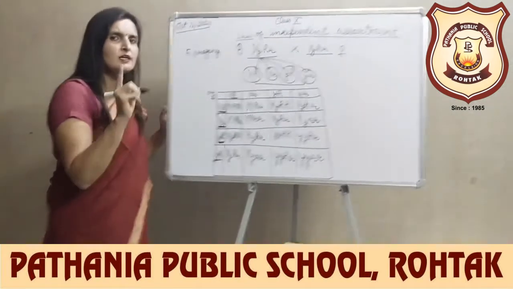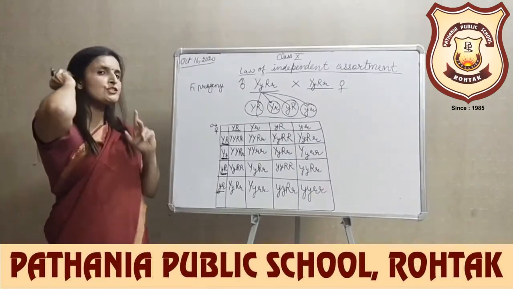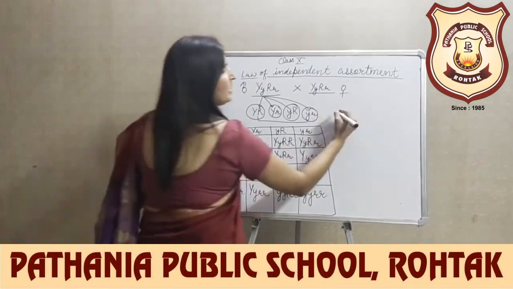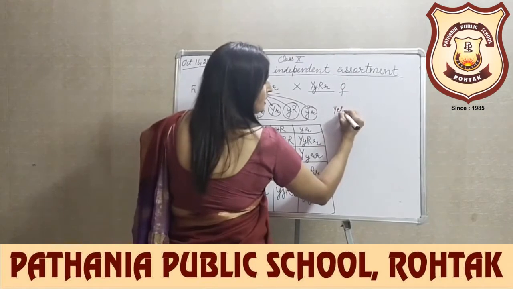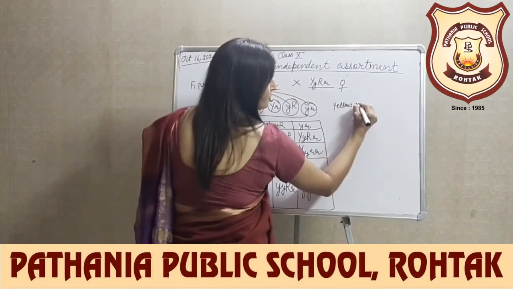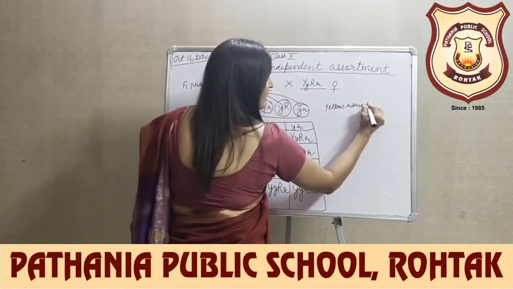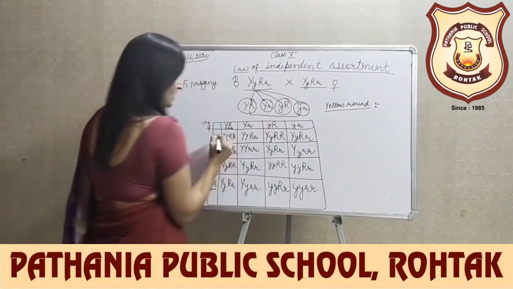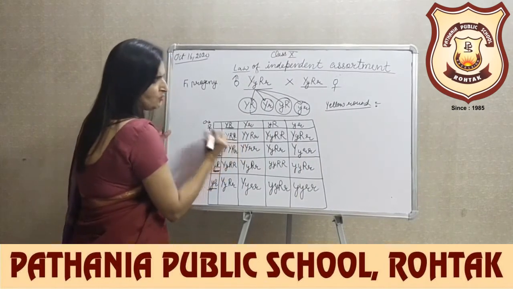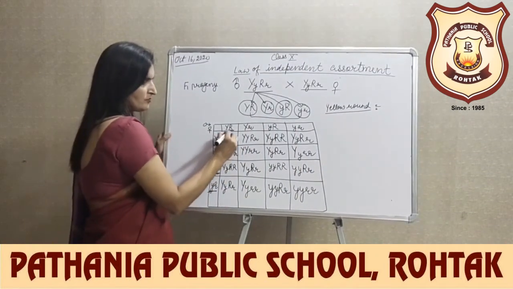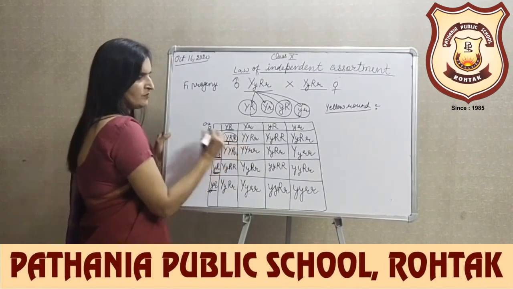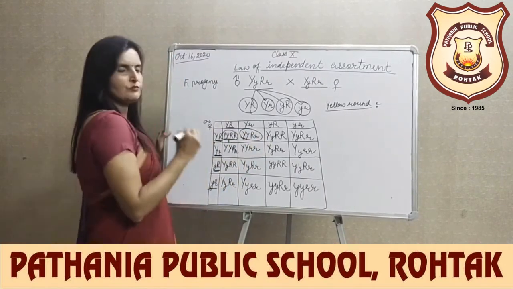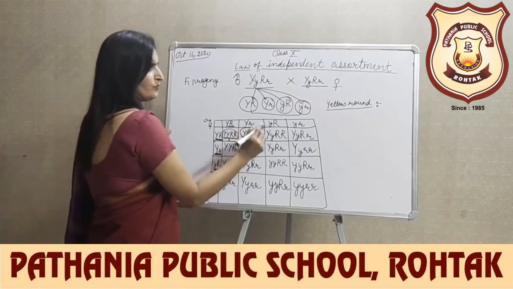Now you are clear about which is the dominant and which is the recessive trait. Here you see yellow round. This would be yellow round 1. This will also be yellow round 2.